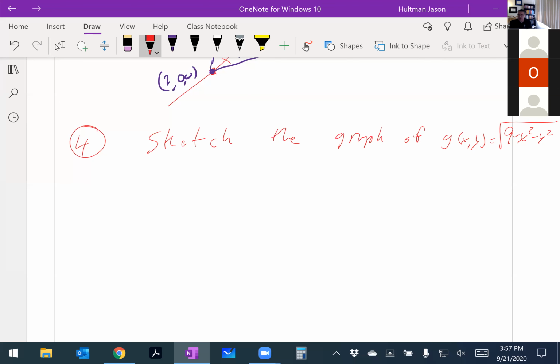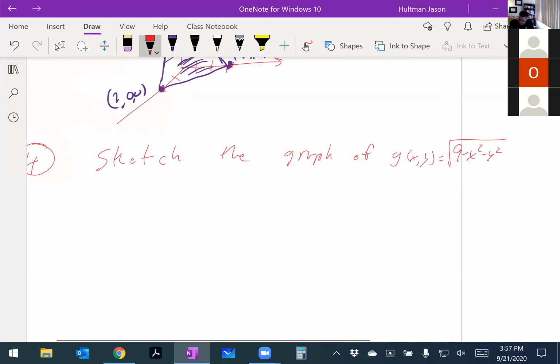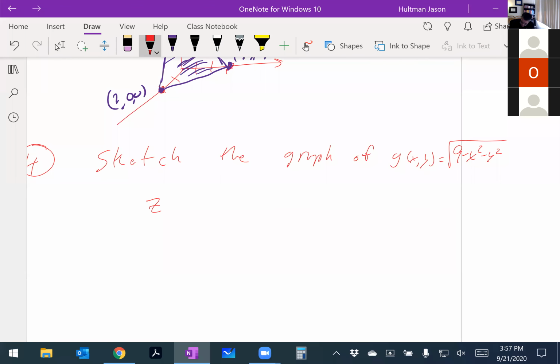Yeah, that makes more sense. Okay, so what's the graph of this thing going to look like? Well, let's make that g of x, y into just one variable. This is going to be z equals the square root of 9 minus x squared minus y squared.